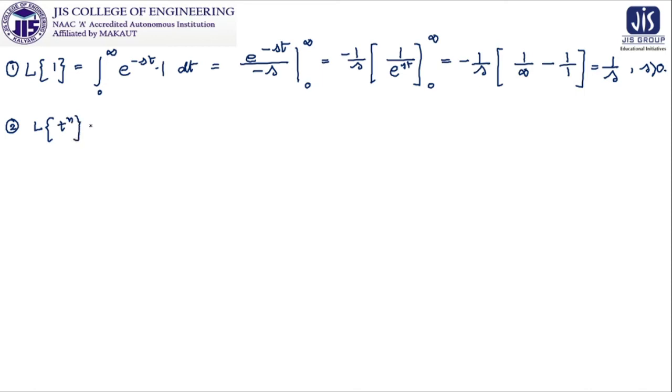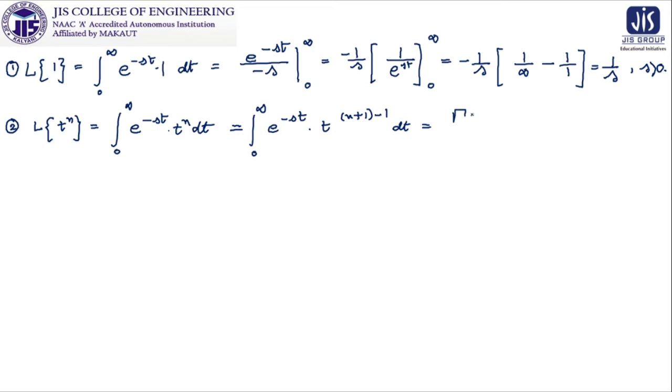Then we move to another problem, and suppose we are trying to find the Laplace transform of t to the power n. So according to the definition, it will be integral from 0 to infinity e to the power minus st then t to the power n dt. So we can write it as e to the power minus st into t to the power (n plus 1) minus 1 dt, and we will recall our general concept of the gamma function.